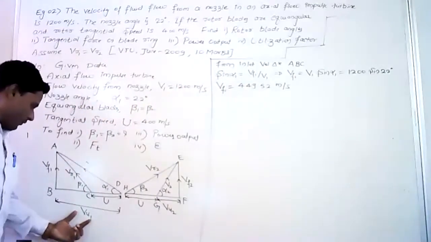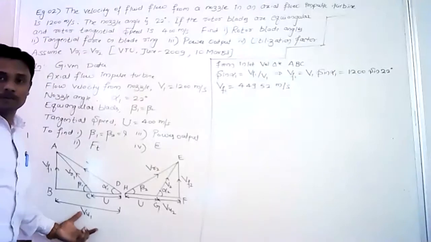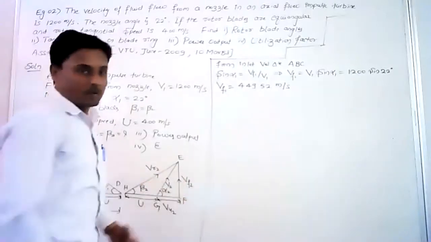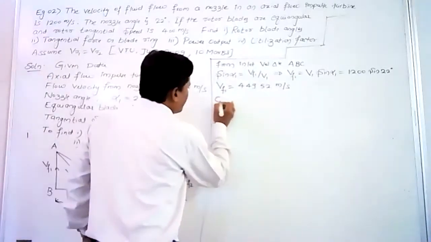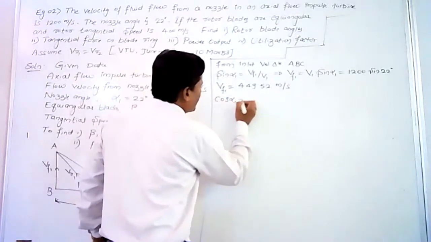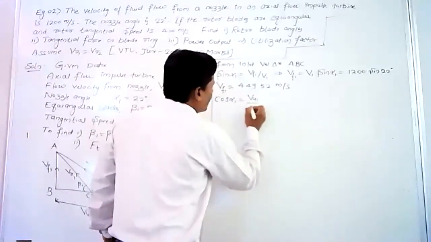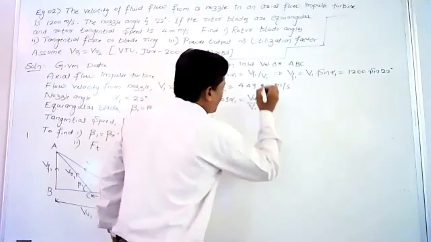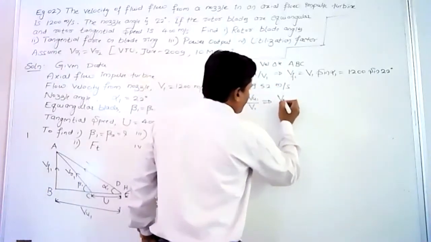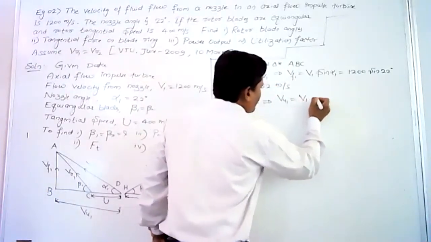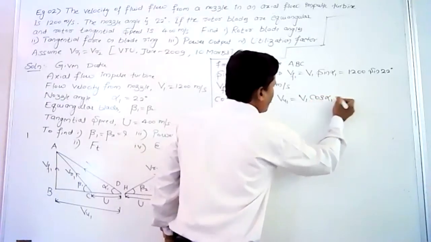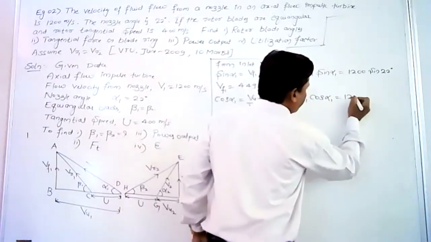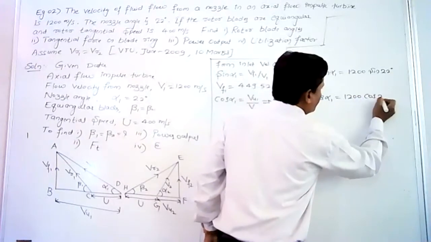Similarly, you can get the value of VU1. Apply the cos. Cos alpha 1 equals base VU1 divided by hypotenuse V1, which implies VU1 equals V1 cos alpha 1, or 1200 into cos 22 degrees.